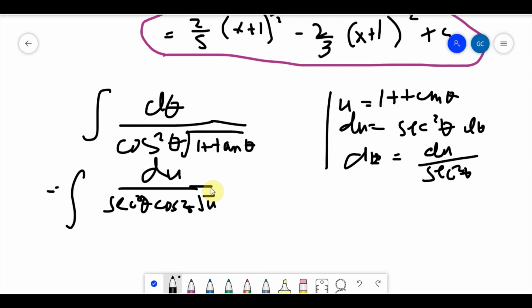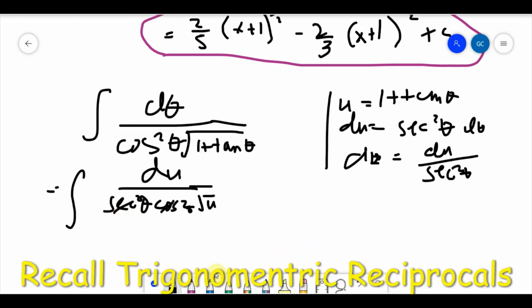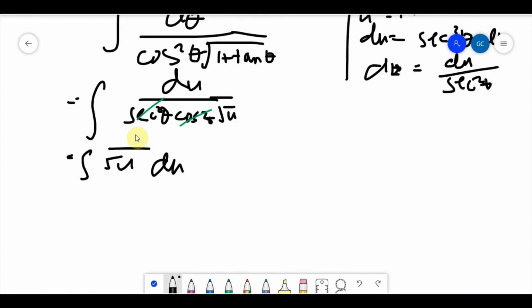Now we notice that secant squared theta and cosine squared theta are pretty similar, so we can remove this one. We are left with 1 over the square root of u du. Now, we will rewrite this one step by step, as u to the negative 1/2 du.